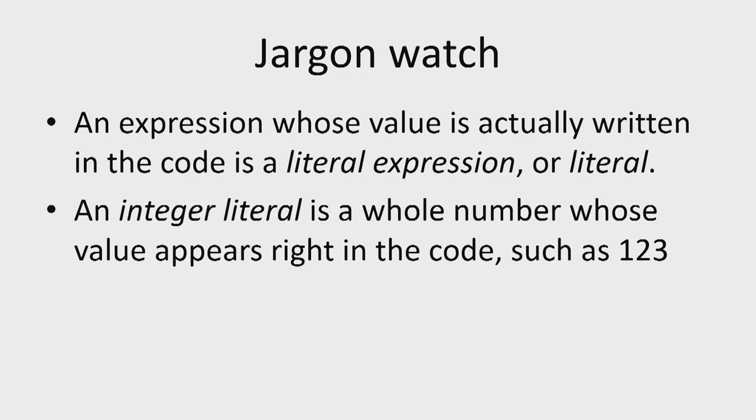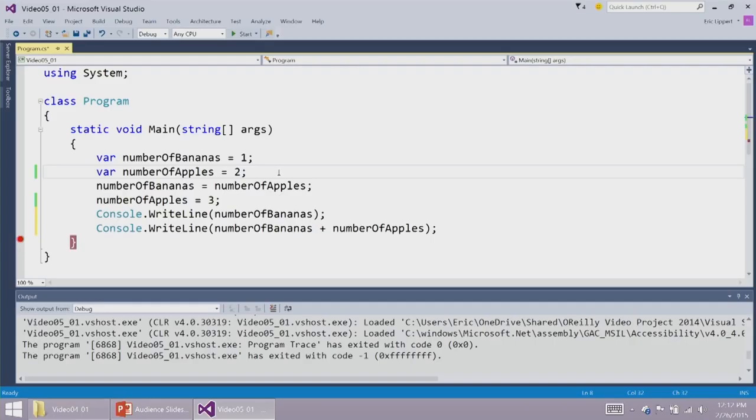So integer literals, as you would expect, are 1 and 2 and -6 and 0 and those kinds of things. Sometimes they're just called literals instead of literal expressions, but we always mean an expression whose value appears right in the code.